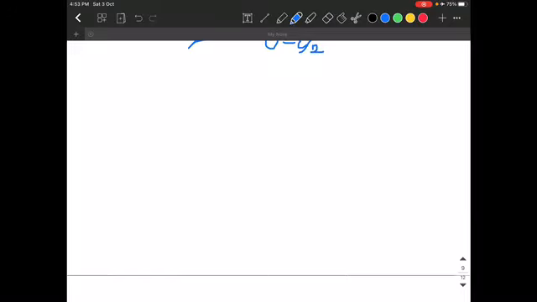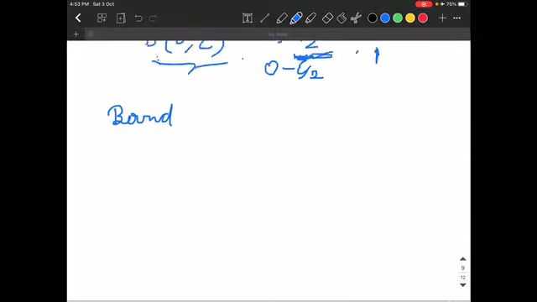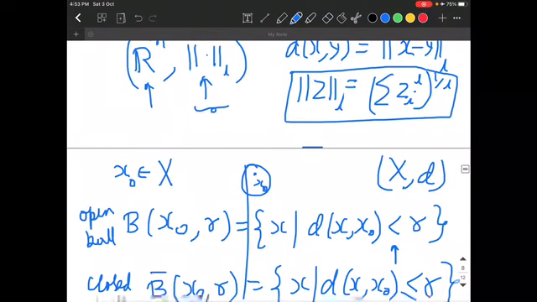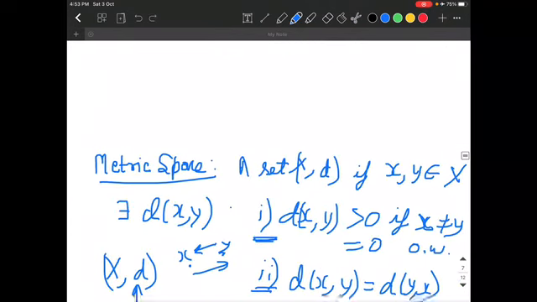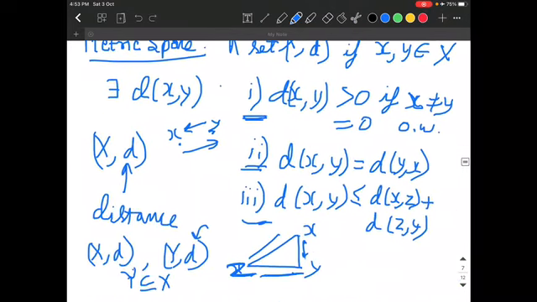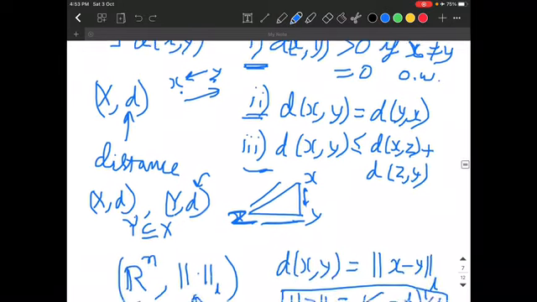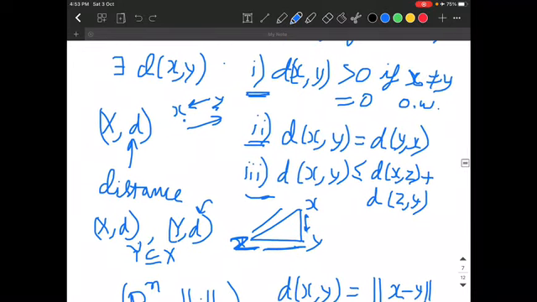Next, what is a bounded set? Just to recap what we have studied so far, we saw the definition of a metric space. A metric space is a set of elements with some distance function defined over them, which satisfies these three properties.